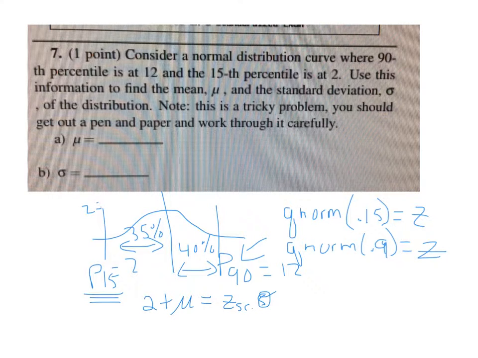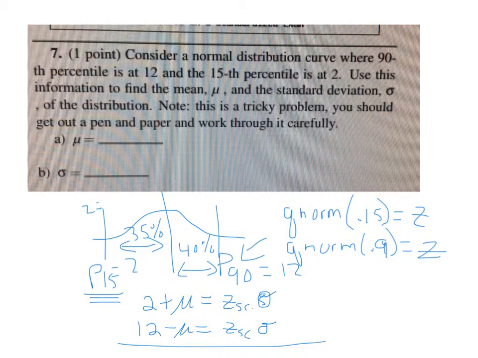And then the same thing for the other one, it's at 12, right? So we would have 12 minus mu equals that z-score times sigma.